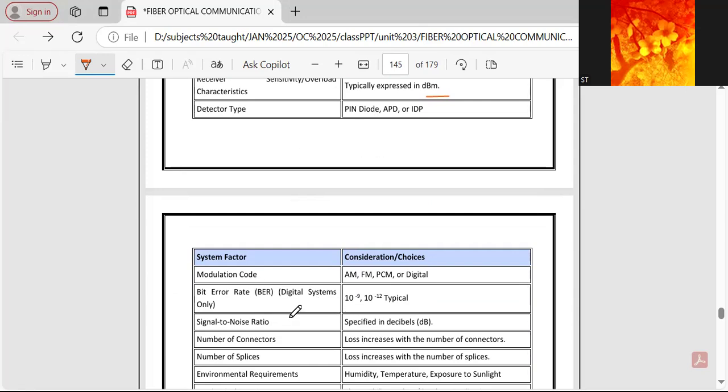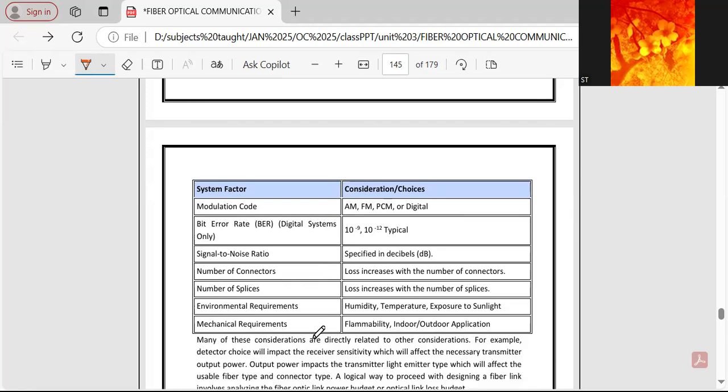In addition to this, we must decide which modulation technique is going to be used, what is the BER, bit error rate, signal to noise ratio, what are the different connectors, splices, and the losses occurred due to connectors and splices.